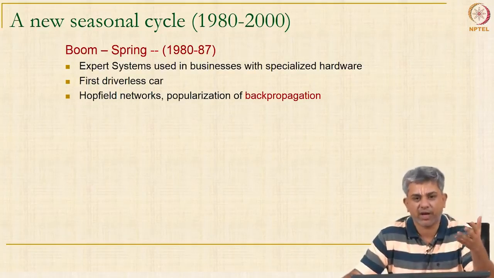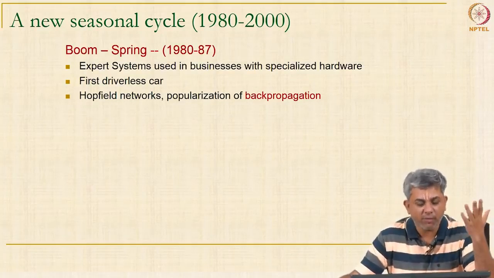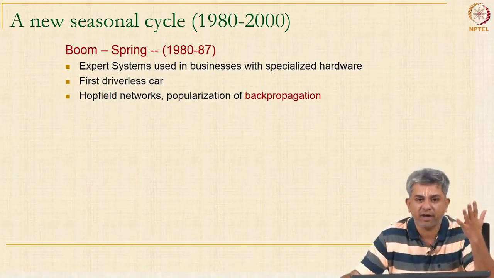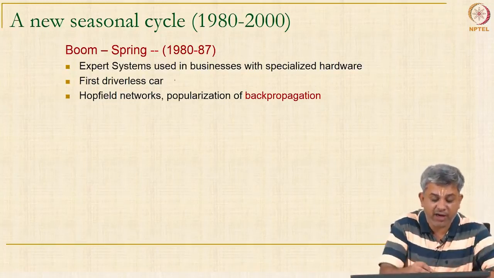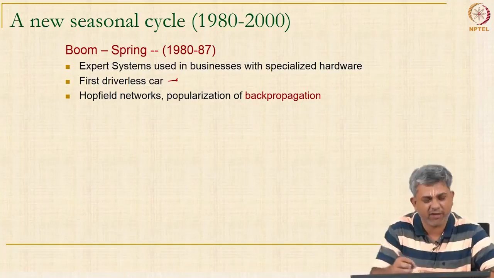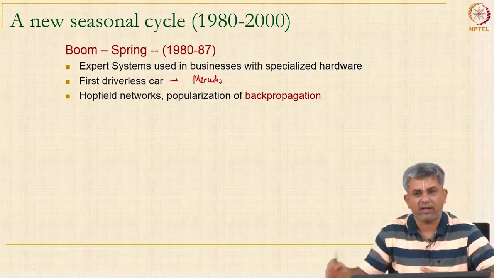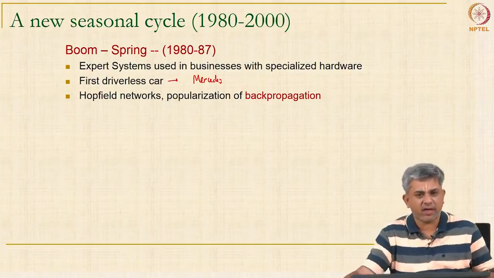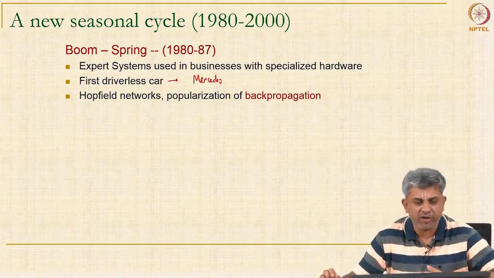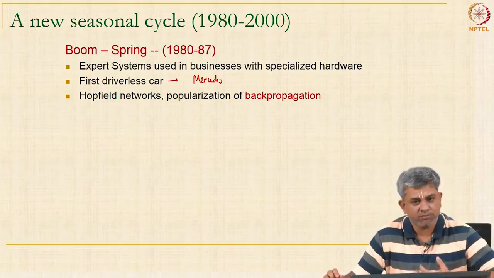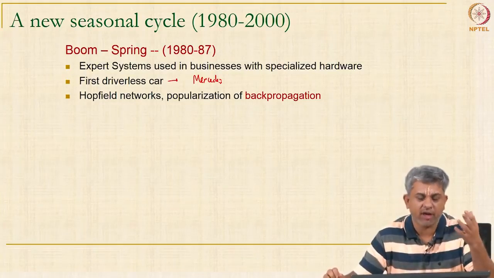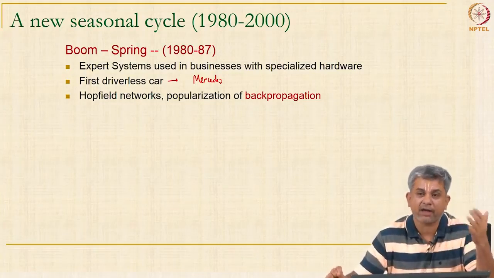Machine learning is just one example, and one boom was between 80 and 87. We actually had the first driverless car then. This was, if I remember right, by Mercedes, and there was huge funding, if I understand it correctly, about 750 million pounds were invested in driverless cars right back then.